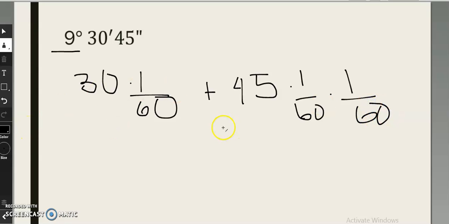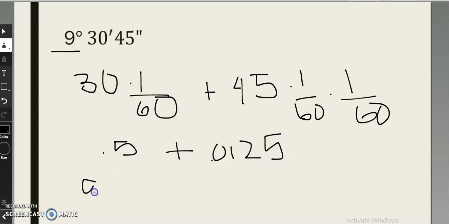And I'll add those together. I'm going to put that in my calculator. But if you do it, this one actually came out nice and neat. It was 0.5 plus 0.0125. And so it will be 9.5125 degrees.